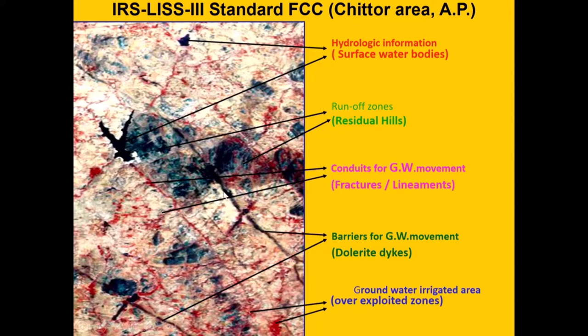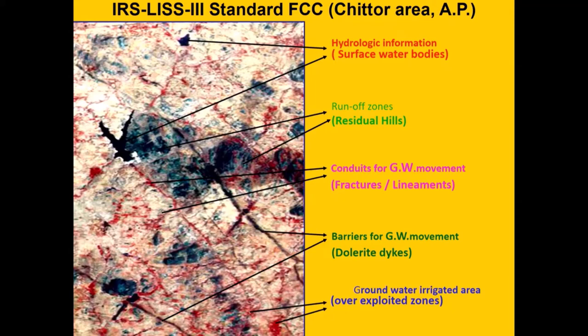The black lines are dikes. So there's a dolerite rock, or a basalt type rock. Wherever present, they become a kind of impervious rock which blocks the flow of the groundwater, surface or subsurface. The normal passage of groundwater doesn't happen.